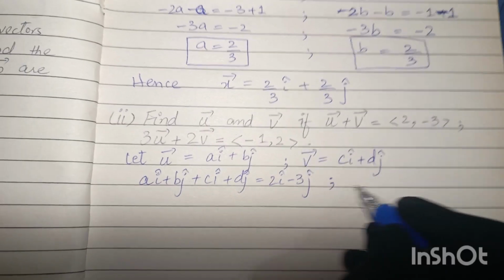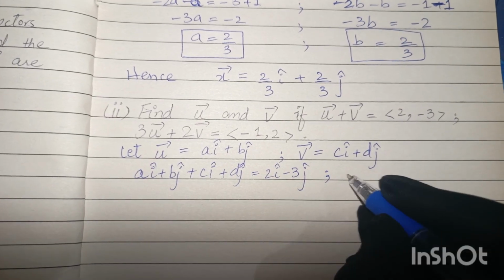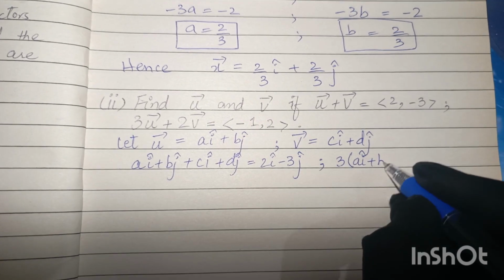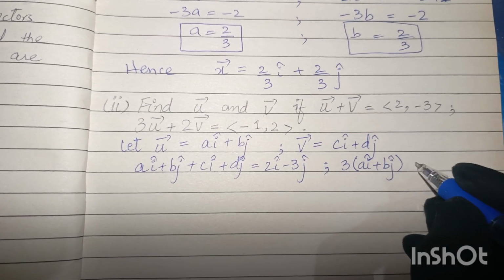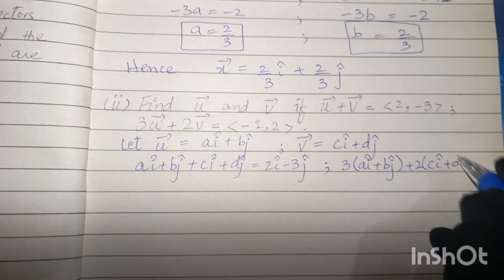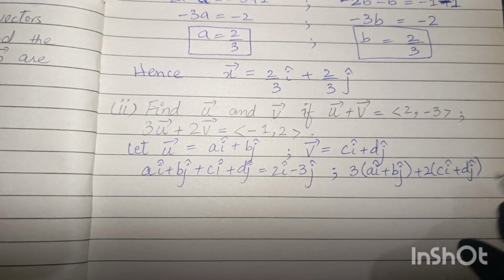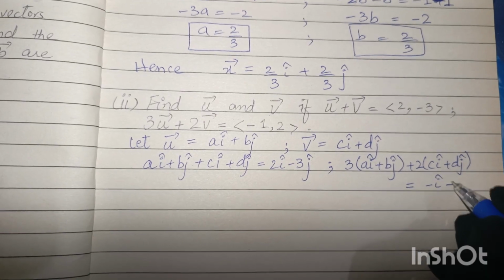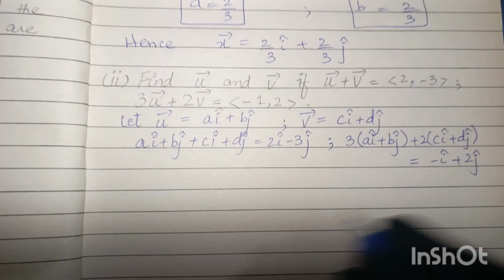And similarly, the second equation is 3u plus 2v, 3 into u plus 2 into v, is equal to minus i plus 2j.